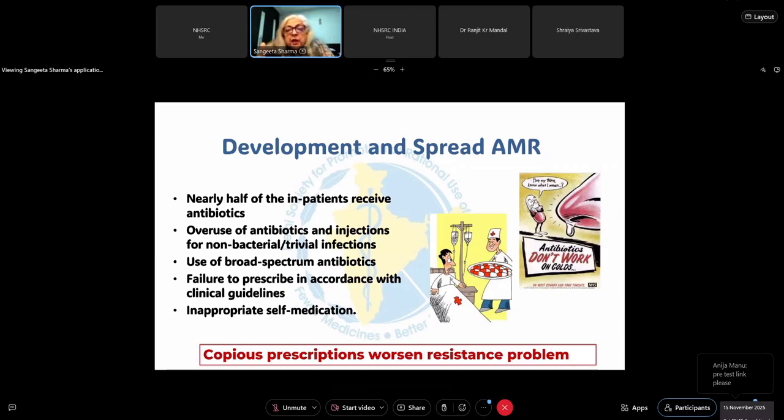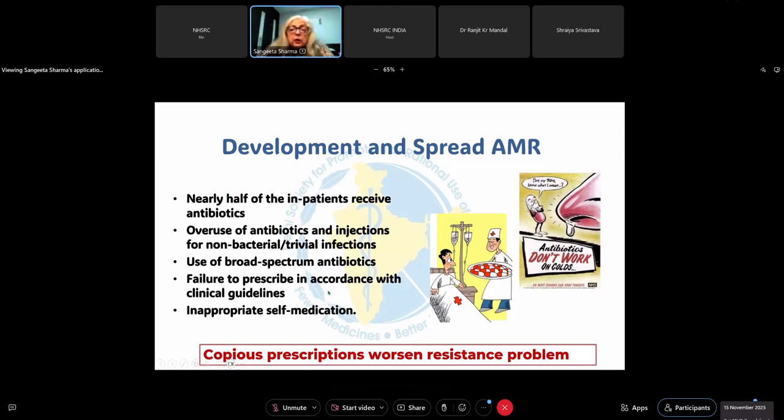In the IPD, the inpatient department, nearly half of the patients are receiving these antibiotics. And sometimes we are using a broad spectrum antibiotic where a narrow spectrum antibiotic could have helped in fighting the infection.